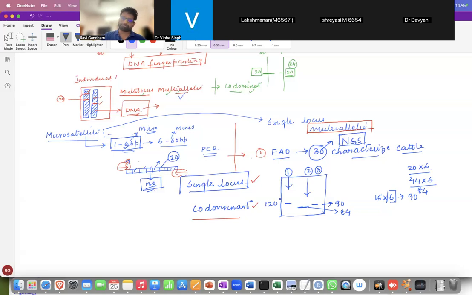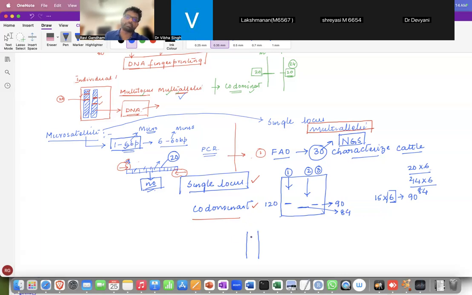Having said that, you'll also have to understand codominance in the same individual. Here, we have taken that in the individuals it is similar, 20 and 20 repeats, on both the homologous chromosomes.